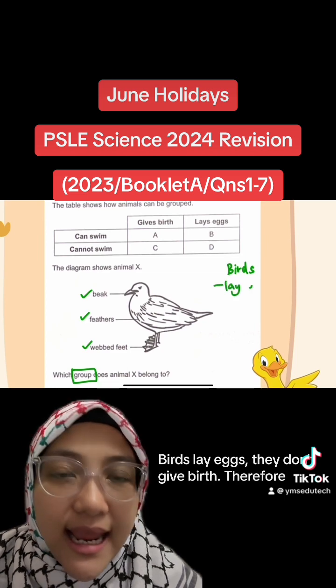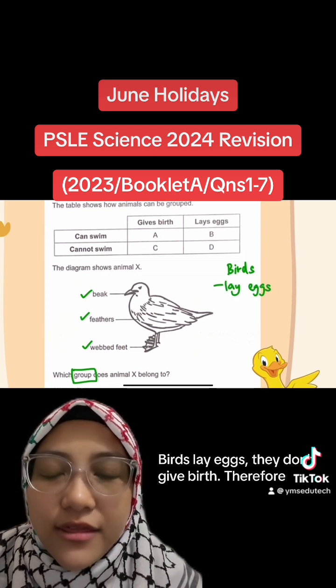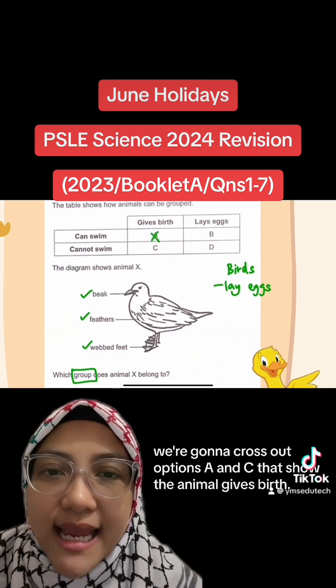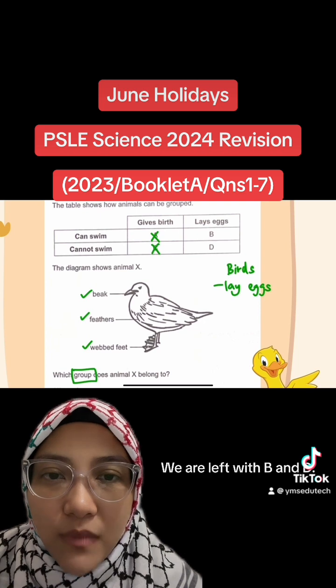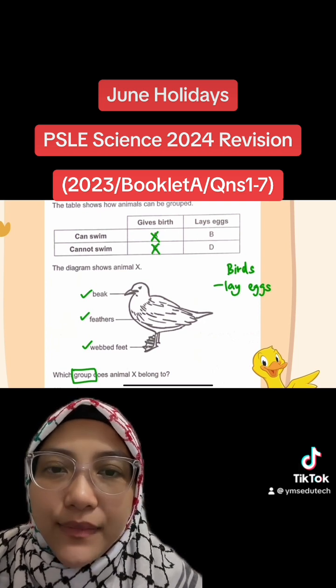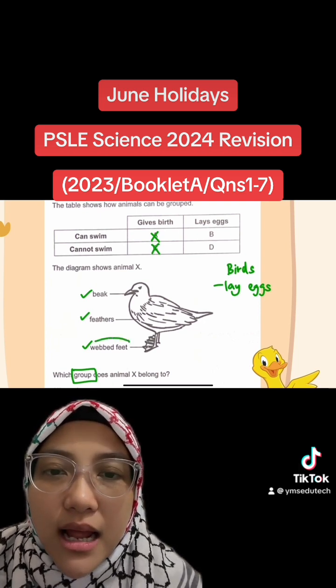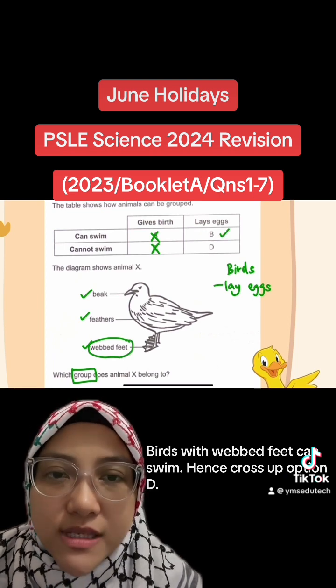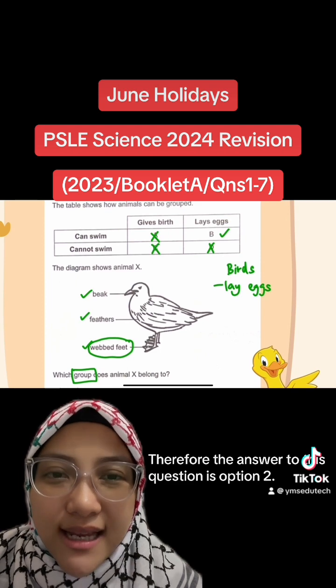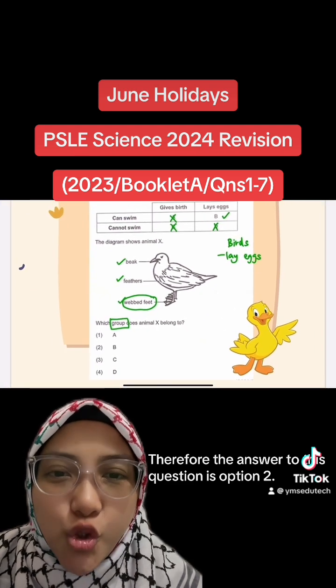And birds lay eggs, they don't give birth. Therefore, we're going to cross out options A and C that show the animal gives birth. We are left with B and D. Birds with webbed feet can swim. Hence, cross out option D. Therefore, the answer to this question is option 2.